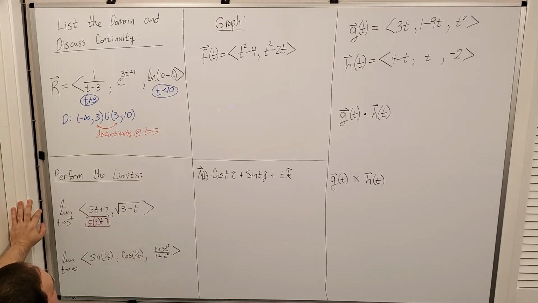Right here, though, you have to remember that the square root, I'm only going to be defining from the positive side, and this is 3 minus t. So if I'm approaching 3 from the right, that means it's coming down from 4, right? So actually, this is going to be non-existent or imaginary.